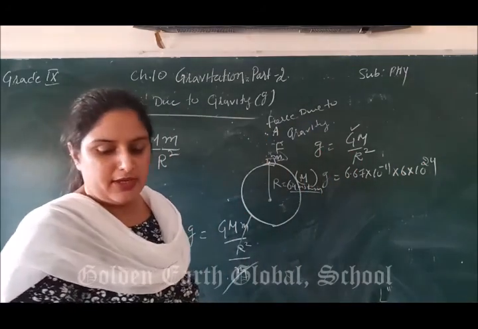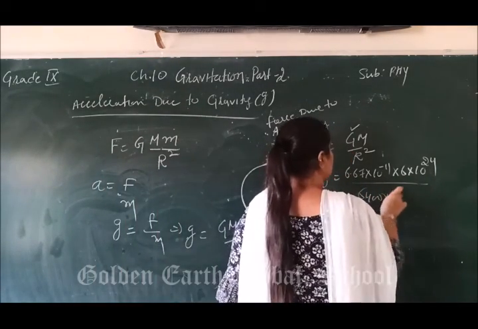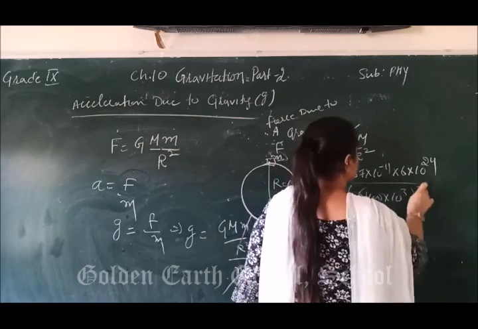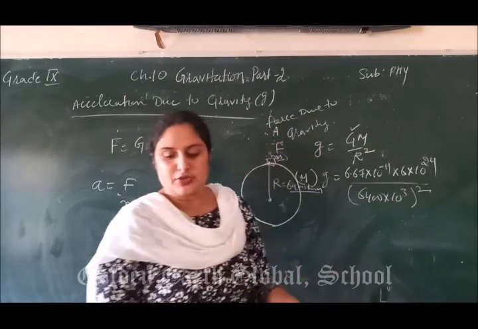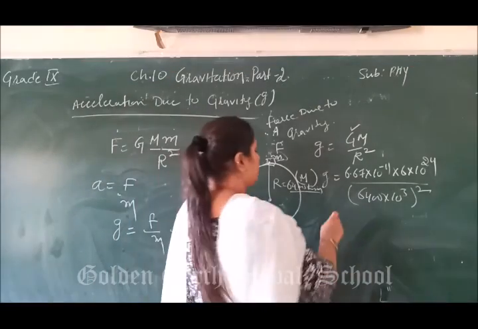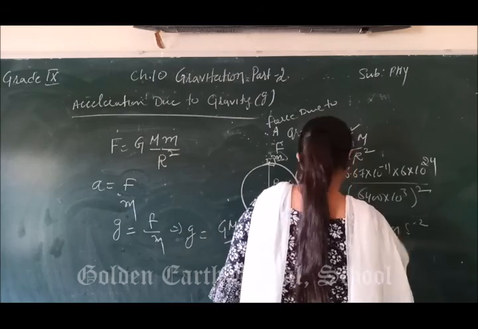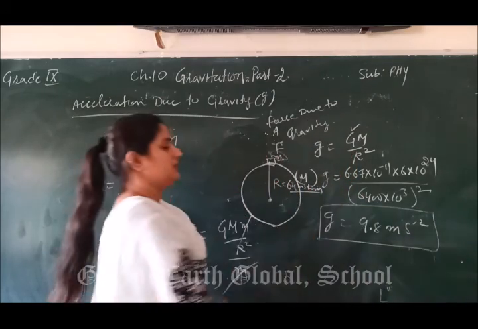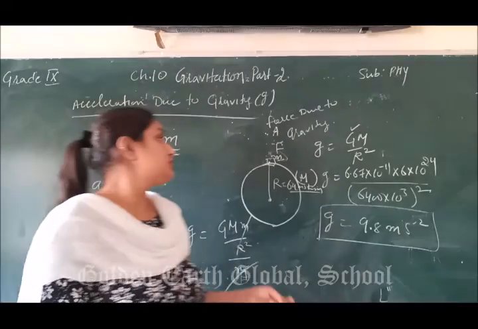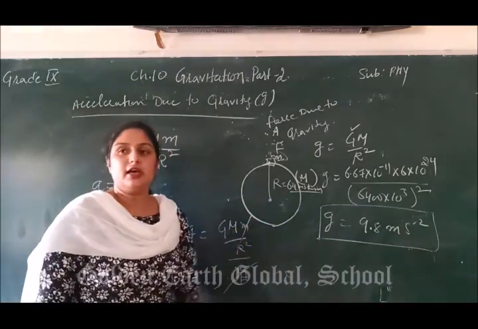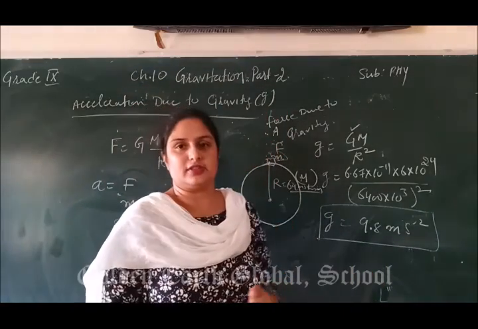Next, the radius of the earth is 6,400 kilometers, or 6.4 into 10 raised to power 6 meter, whole square. I have converted it into meters. If you calculate this, you will get g equal to 9.8 meter per second square. This is the acceleration due to gravity. In this way, you can calculate the acceleration due to gravity on the surface of the earth.